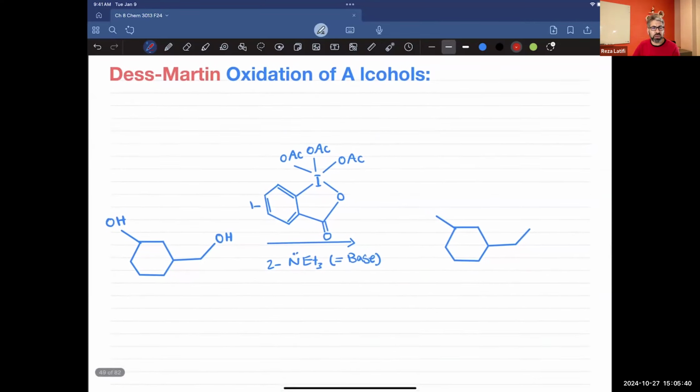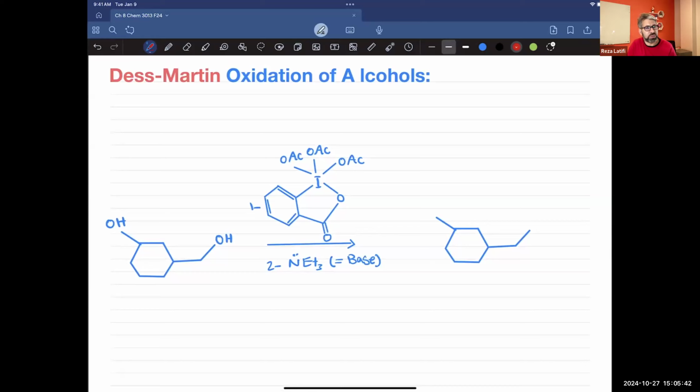Okay, another mild oxidizing agent will be this Dess-Martin oxidizing agent. And as you see, the structure of the reagent is a bit complicated. OAc stands for acetate. It's the conjugate base of acetic acid.